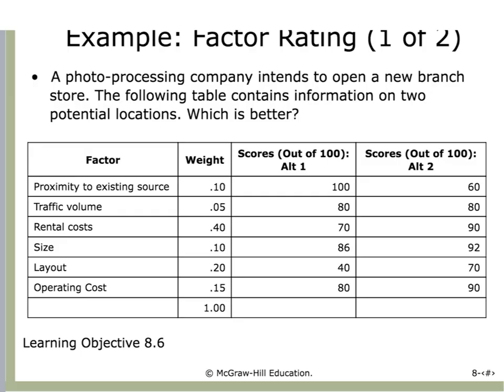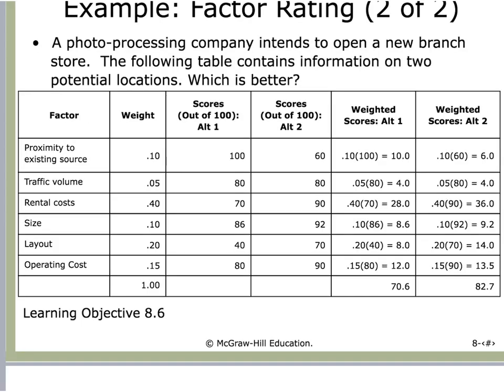So how do you put all of this together? You evaluate each location independently and then sum the weighted numbers, and whichever has the highest score at the end, that's the location you go with.